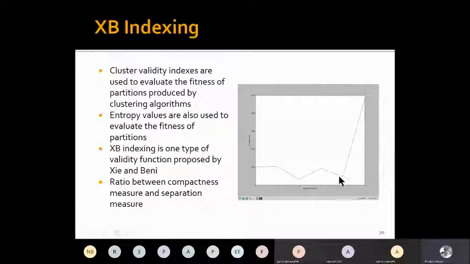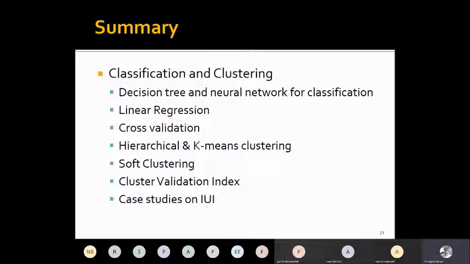You can see it goes up and down, and since we are trying to minimize it, this value, which corresponds to 3, is the best. Like that, we select the best value, which is the optimal number of clusters.